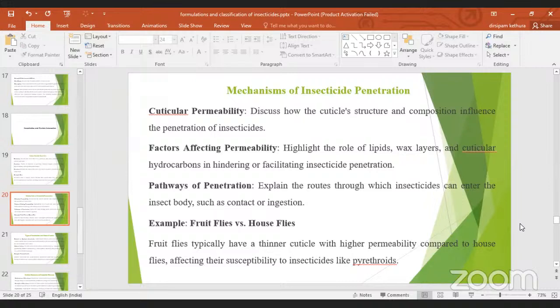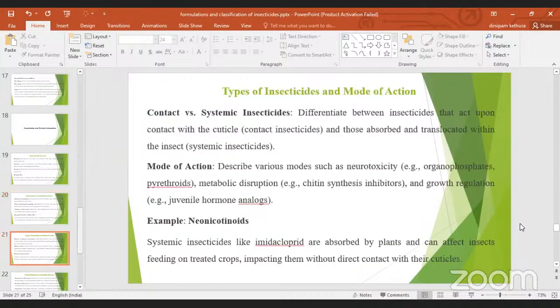Okay, fruit flies typically have a thinner cuticle with higher permeability compared to house flies, which affects their susceptibility to insecticides like pyrethroids. Coming to the types of insecticides and the mode of action, we already studied this in our previous slides. That is contact and systemic insecticides.